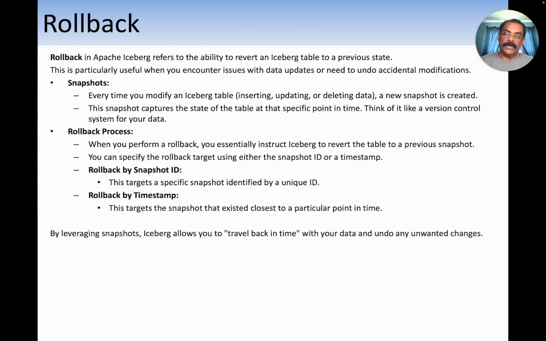By leveraging snapshots, Iceberg allows you to travel back in time with your data and undo unwanted changes. Basically, rollback is a feature inherently like time travel. This ensures data integrity and helps you recover from mistakes. So when you run ETL jobs and after you commit you realize you have bad data, you can roll back. But instead of rollback, I would suggest going to an advanced feature like branching. You create a branch, or WAP.